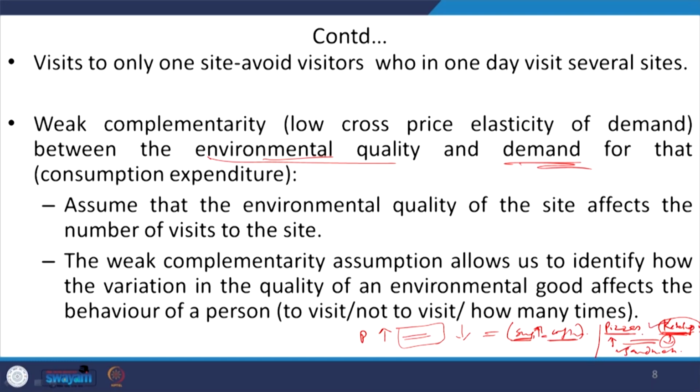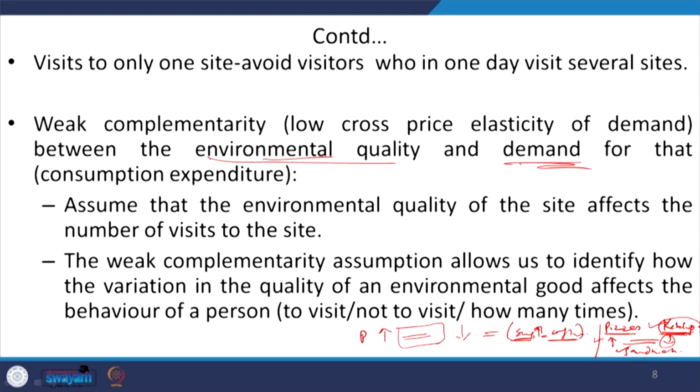So an increase in the price of pizza may not reflect in the demand for ketchup. This is a case of weak complementarity: although a complementarity relationship exists between these two goods, it is still weak.